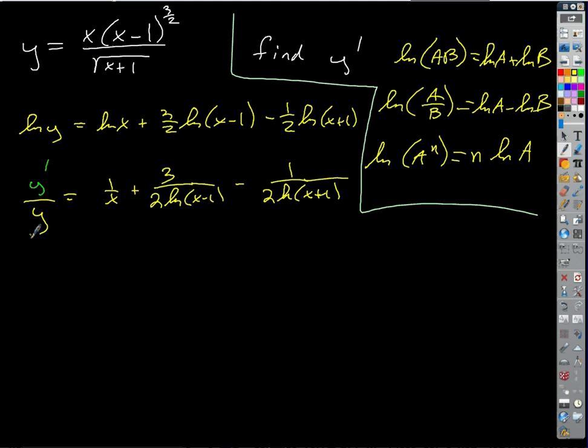Yeah, just distribute a y through the other side. I wouldn't even bother distributing it. I would just write it as y times that quantity. Everybody agree? So our answer is y prime equals y times all that stuff. And what is y? That, right?